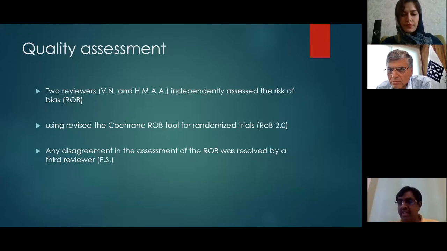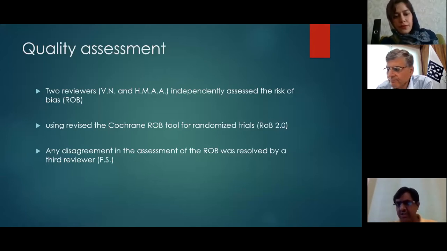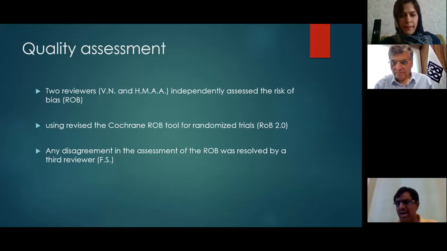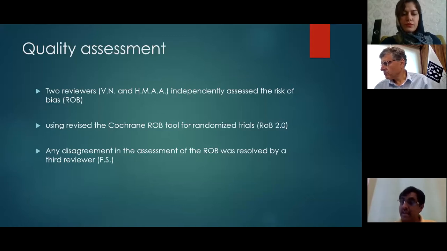That's why we never went for inter-rater reliability. Coming to the selection of studies also, this is a small study, so hardly hundreds or thousands of papers were in the initial screen. So it's not mandatory to have inter-rater reliability.